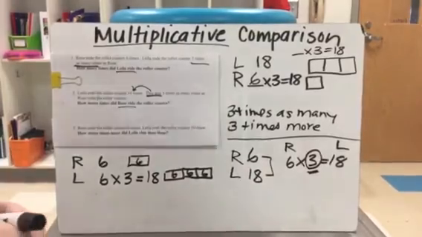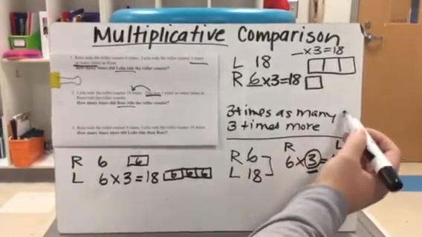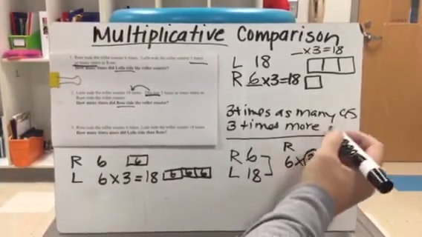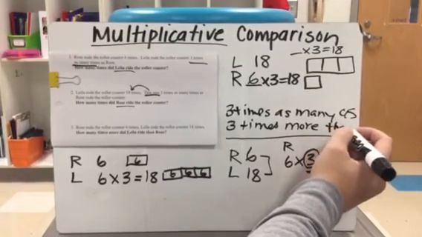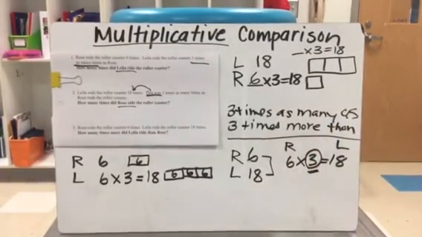So those are your clues, the "as many as" or the "3 times more than," as clues that you're using a multiplicative comparison. So really think about what or who is being compared, what information you're specifically given, and then the others are like clues to get you to what you're trying to solve for. So think about those 3 steps when you are solving multiplicative comparisons.